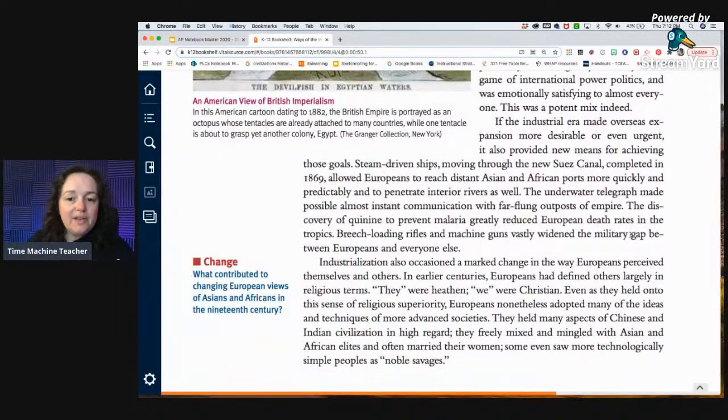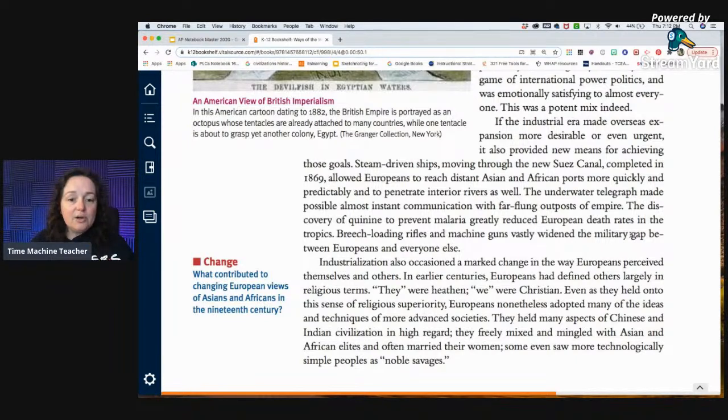So if the industrial era made overseas expansion more desirable or even urgent, it also provided new means for achieving those goals. Steam-driven ships moving through the new Suez Canal, completed in 1869, allowed Europeans to reach distant Asian and African ports more quickly and predictably, and to penetrate interior rivers as well.